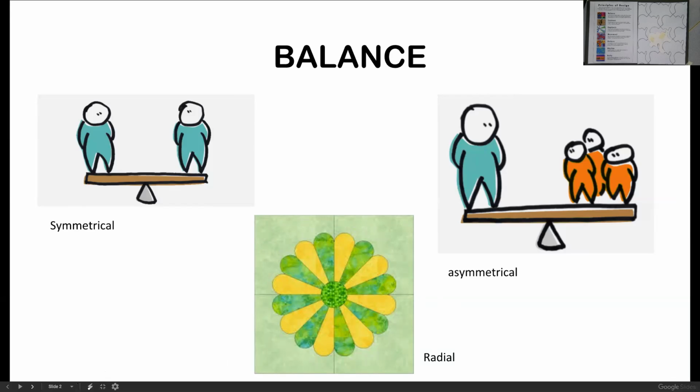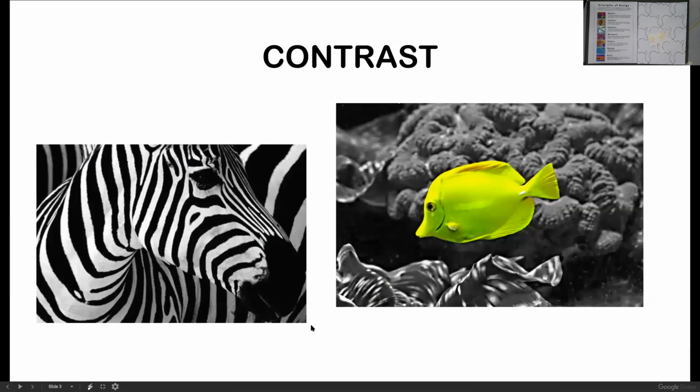All right. Next principle is contrast. Contrast just means a big change in things, something that makes things stand out. On this fish picture, what stands out? Who can help me out?